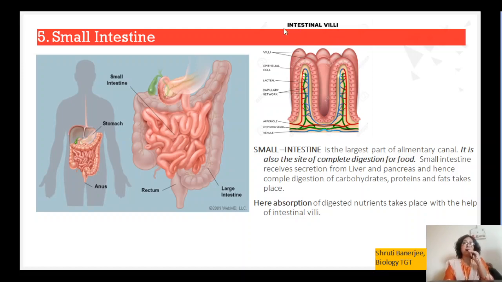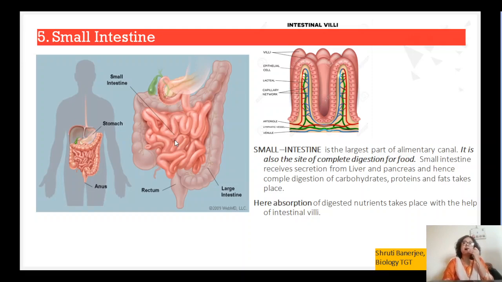Okay, very, very important question: how does the small intestine help in the absorption stage, why is it such an important organ where the maximum absorption or the complete digestion of food takes place? The answer is because the small intestine is filled with intestinal villi, finger-like projections. Now these finger-like projections increase the surface area, so the maximum absorption of the materials takes place.